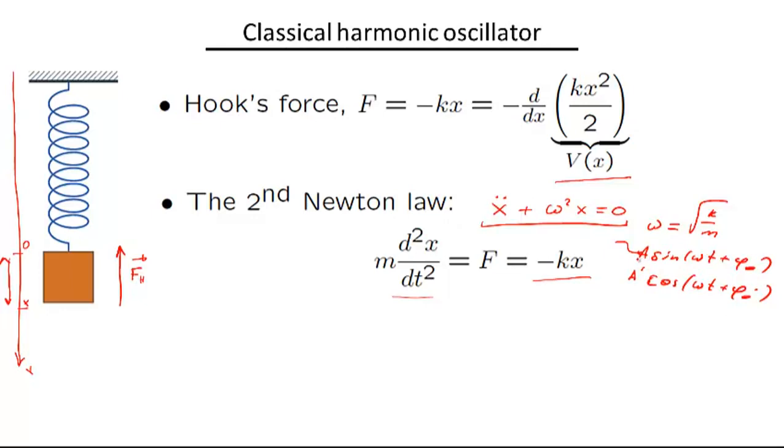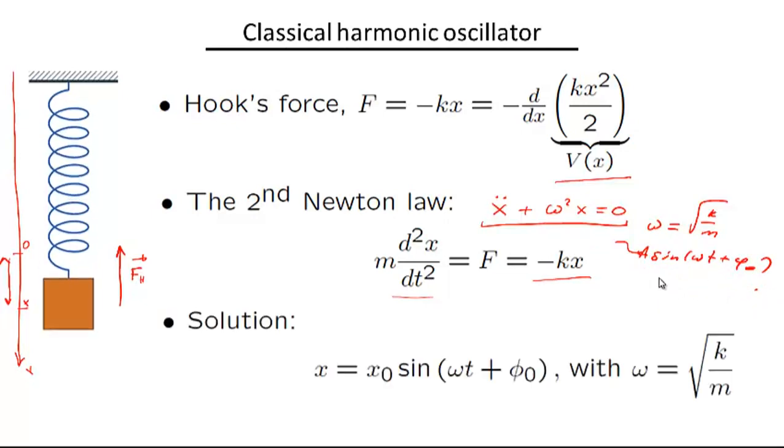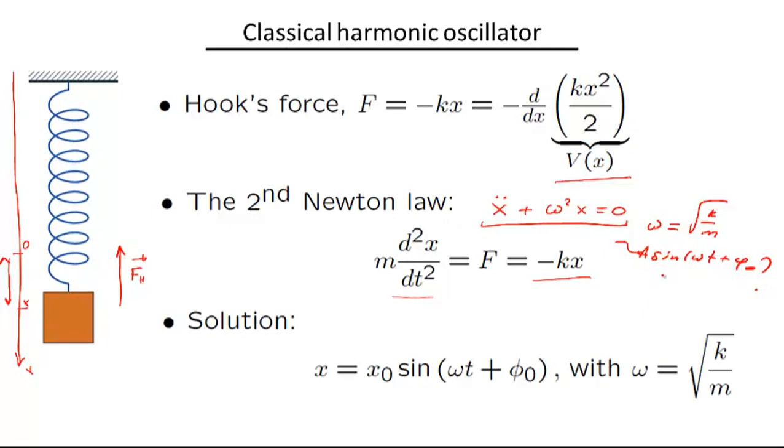And as long as we have two free parameters which will determine the initial conditions, the initial position and the initial velocity, these are all general solutions of this classical problem. So let me choose, for example, the sine solution and present it here. So this is the solution to this harmonic oscillator.